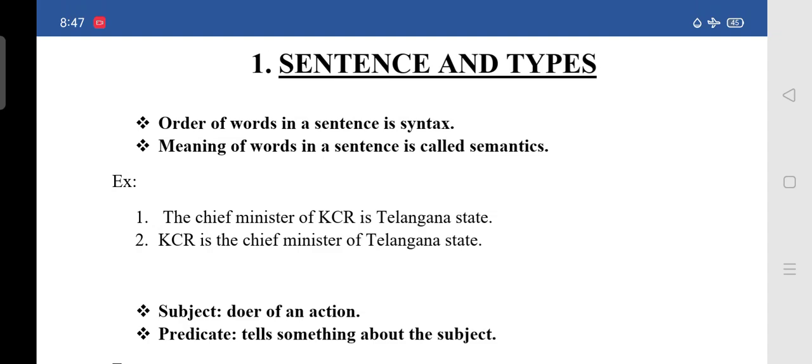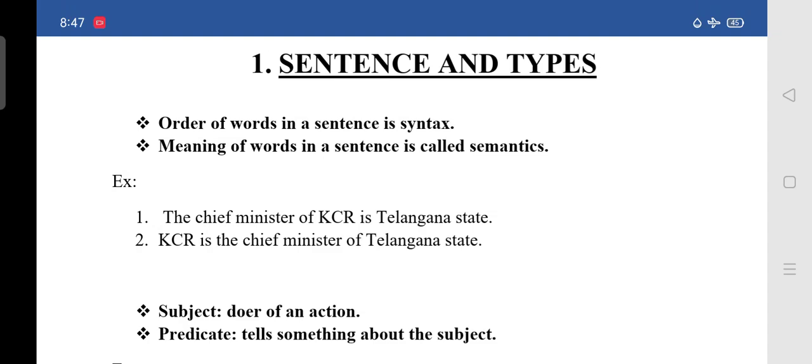So the order of words in a sentence is syntax, and what gives the meaning of words in a sentence is called semantics. So you can remember simply: order of words means syntax, meaning of words means semantics. For example, I'll tell you how it will be.